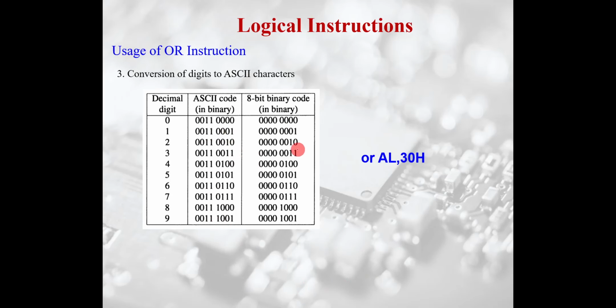Similarly, we can do the reverse. We learned how to use the AND operation to take it from ASCII to 8-bit. Now if I have 8-bit information and need to send it to a display, say a monitor, on the monitor not only numbers but alphabets can also be displayed, so you need to send this kind of code to the monitor.